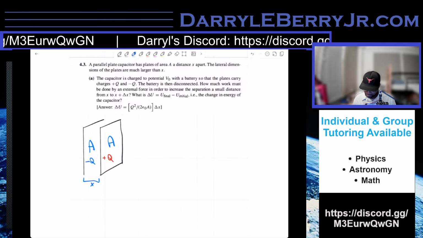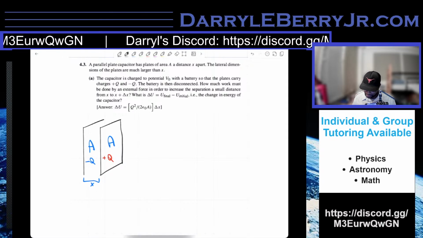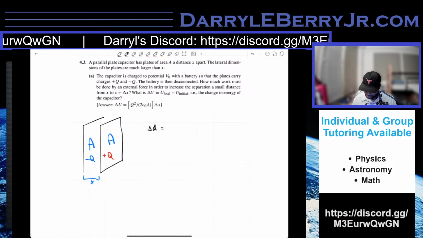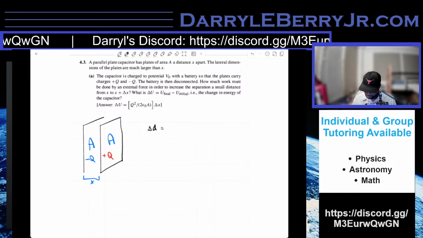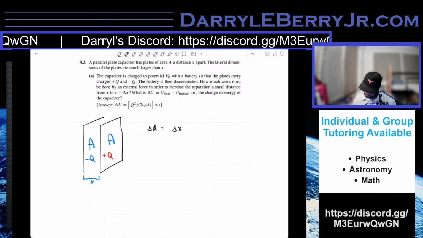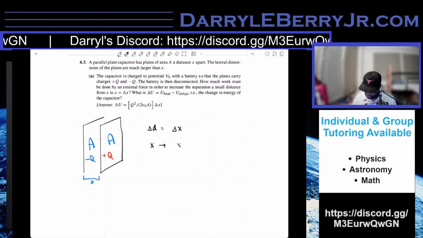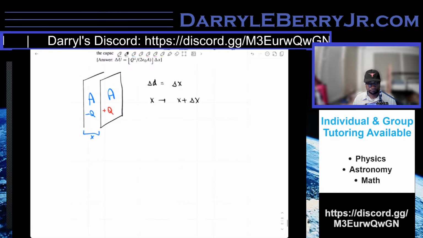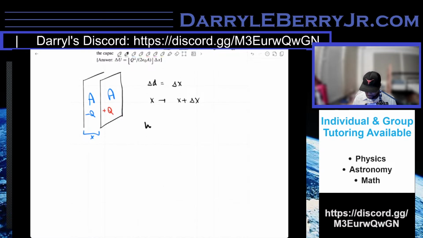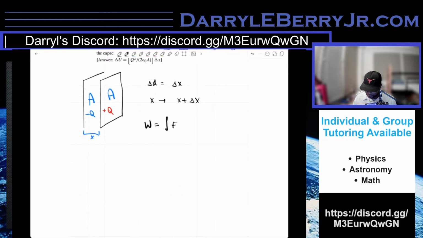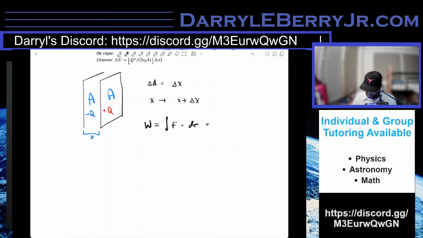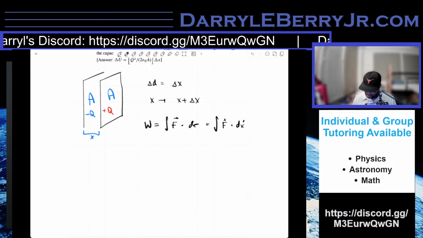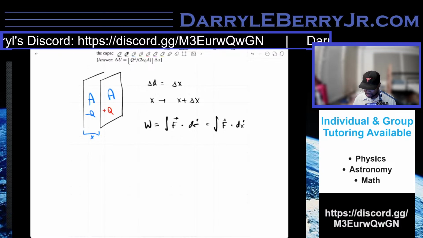All right, so they give us the answer. That makes it easier, definitely. So we have change in D equal change in X, so X goes to X plus change in X. First thing that comes to mind is the work integral. I don't think this will be directly involved here, but work is the dot product of the force and the distance over which the force is applied.